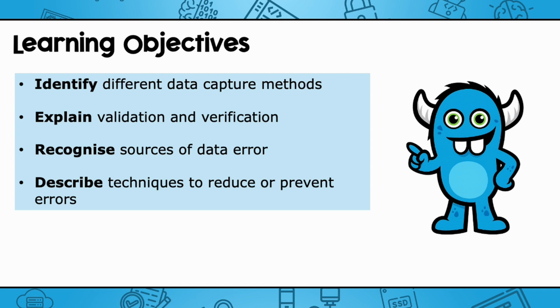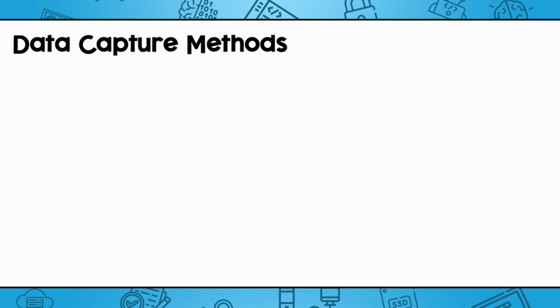We're going to be looking at the difference between validation and verification alongside different sources of data errors, so how errors are introduced into our data and our systems, as well as techniques to reduce or prevent errors. And then, as always, we'll be looking at some example exam questions.